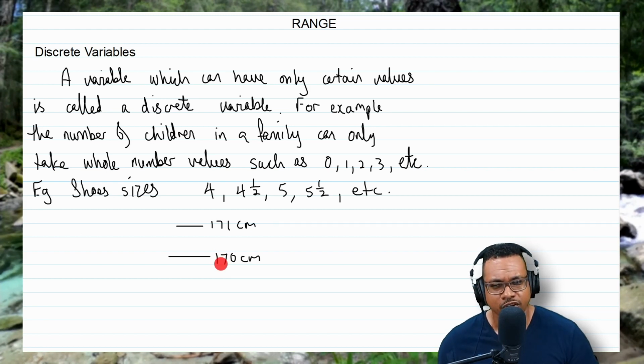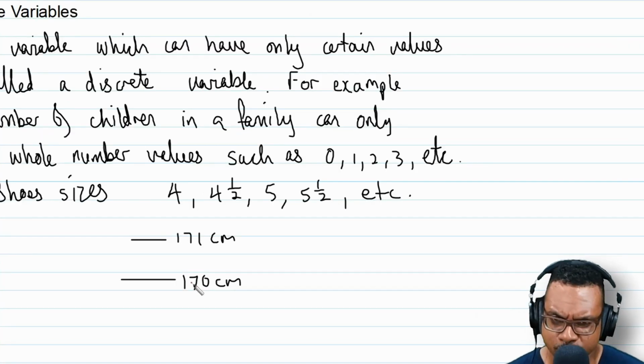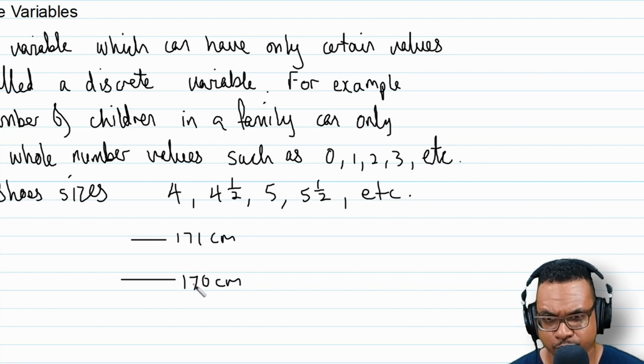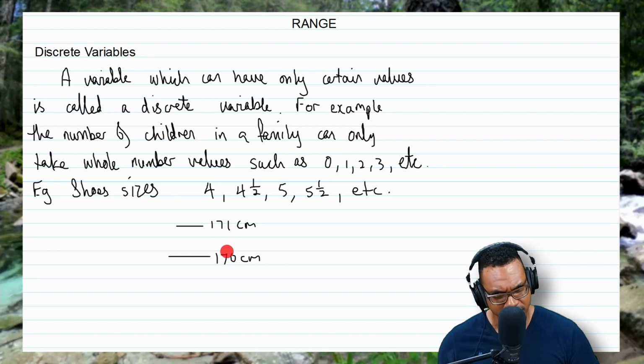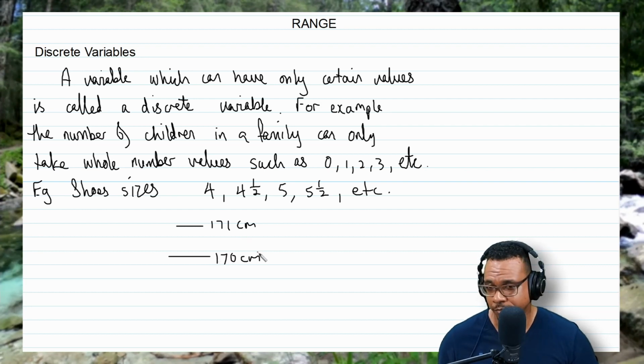I could have somebody who is 170.1 centimeters tall. Then somebody who is 170.11 centimeters tall. Then 170.2, 170.2598, and so on. So there's an unlimited number of possibilities between 170 and 171. So the heights of people would be a continuous variable.